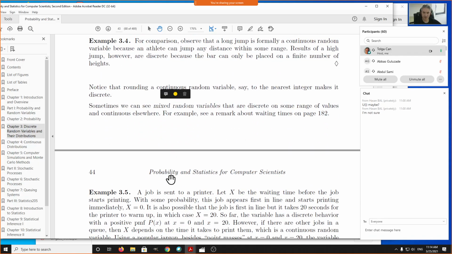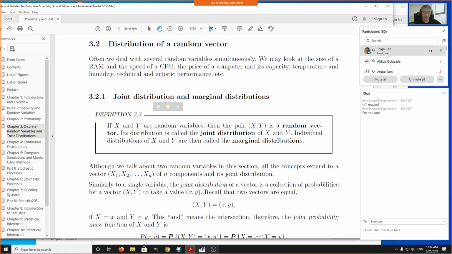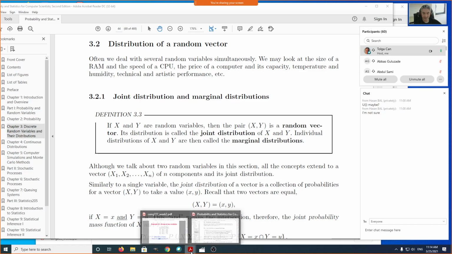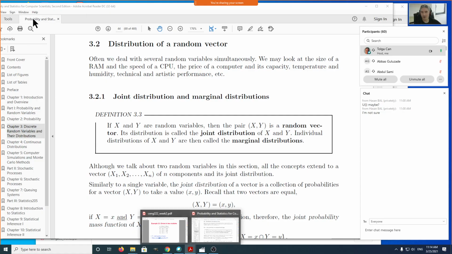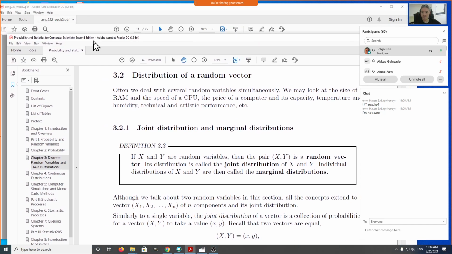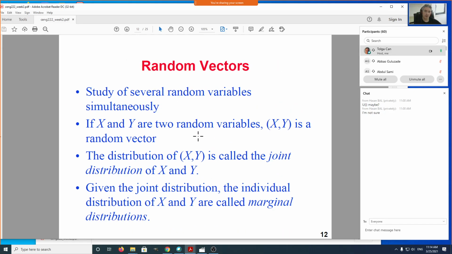Okay, we talked about types of random variables. Now we can talk about the distribution of a random vector. This is the analysis of multiple random variables at the same time, which we call random vectors.